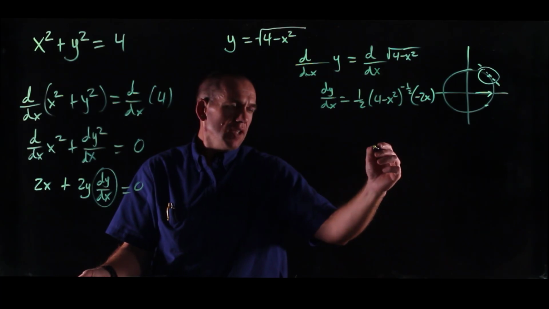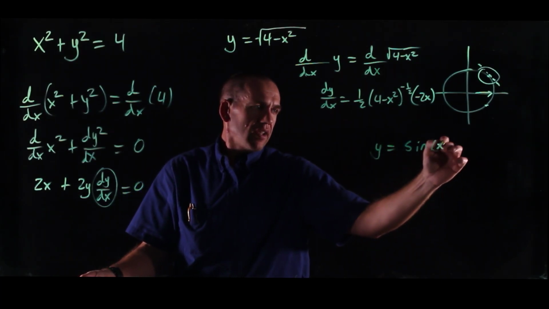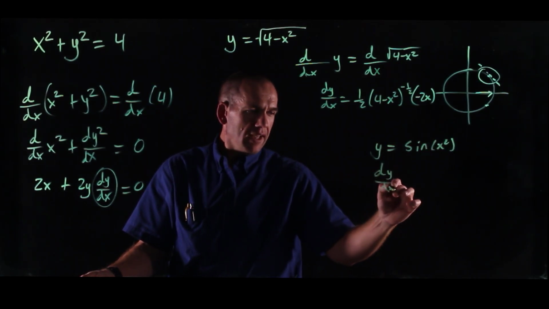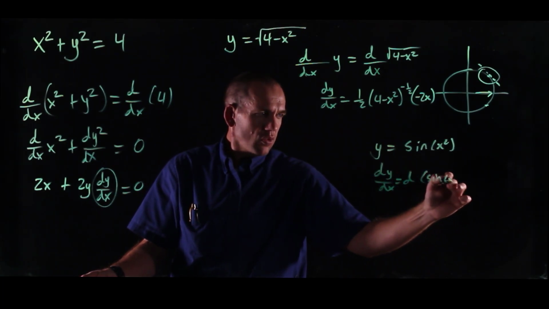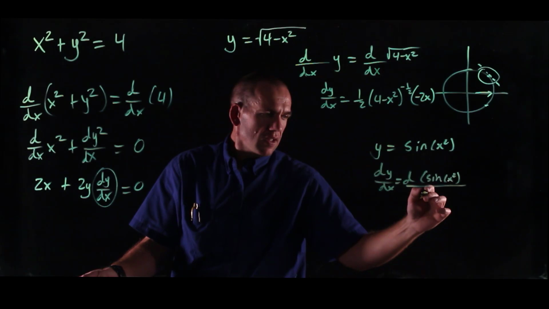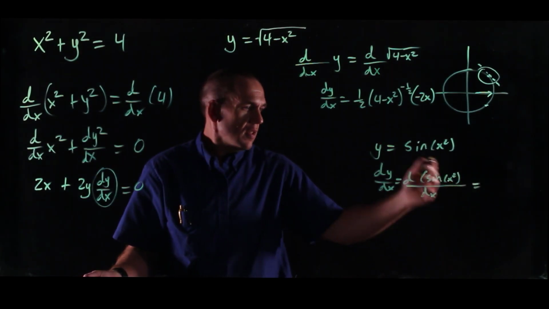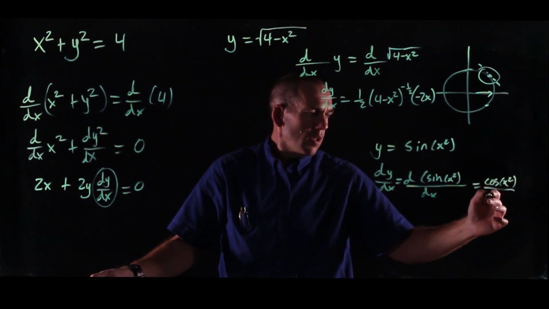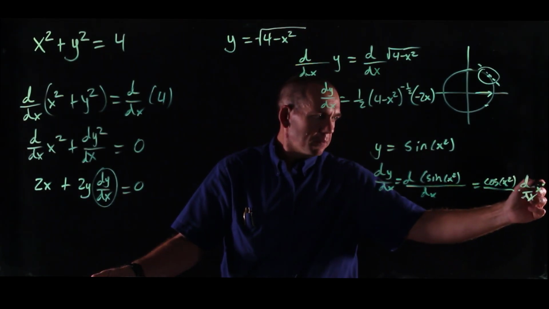So just like if we had y equals sine of x squared, we would do the derivative of y with respect to x is the derivative of sine of x squared with respect to x. And we would see, well, the derivative of sine is cosine of x squared times the derivative with respect to x of this inside function, x squared.